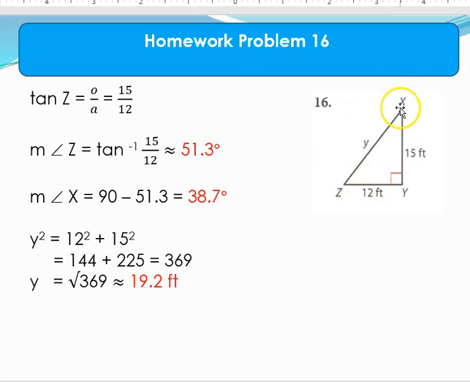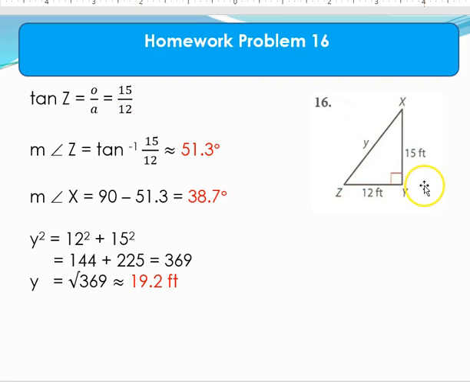We have triangle XYZ, and we have side lengths of 12 for the short leg, 15 for the long leg, and we do not know what the hypotenuse is. And we have no angles here except for our 90-degree angle. What we do have is our first ratio.